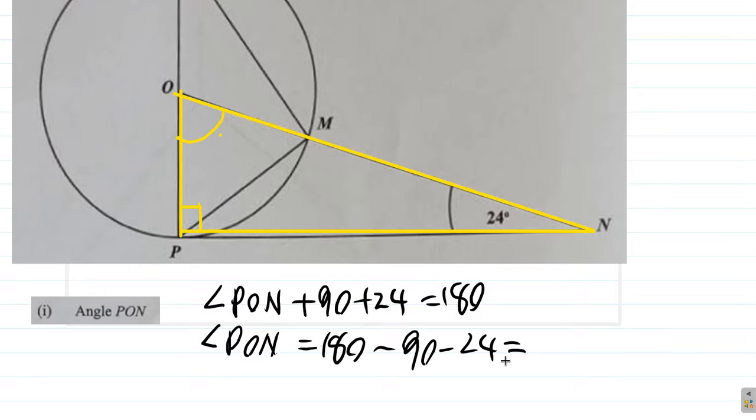Well, 180 minus 90 is 90, and 90 minus 24 is 66 degrees. So what you have here is really 66 degrees, right? That's what you have there.